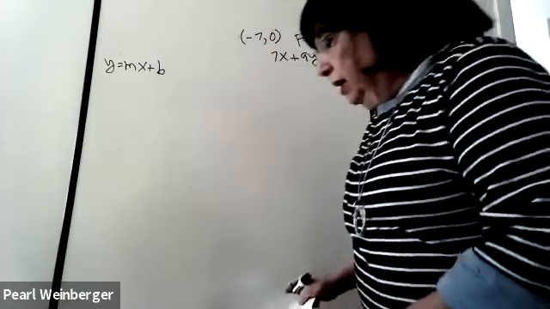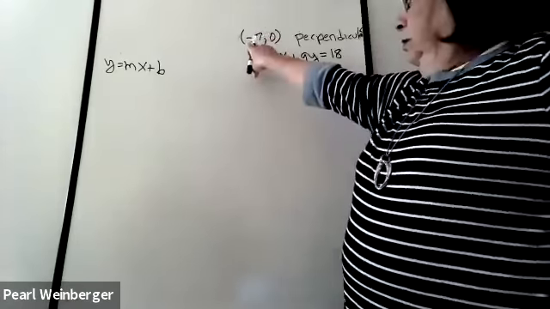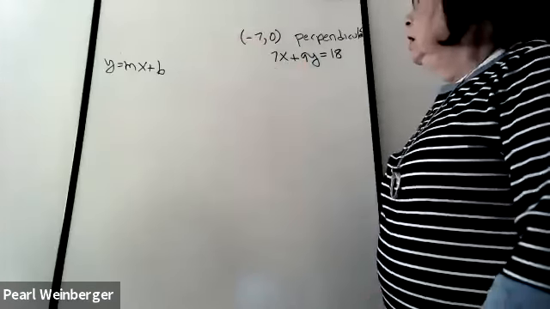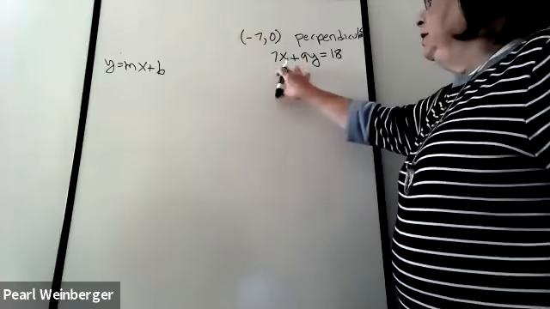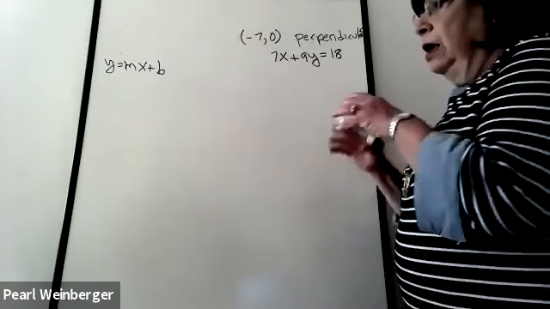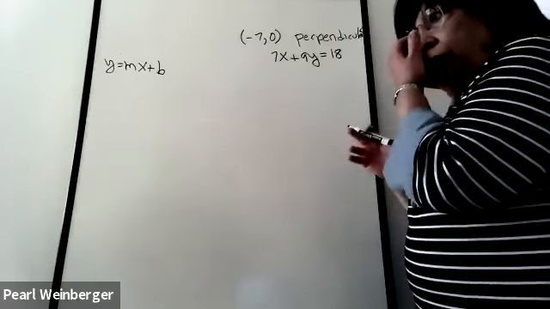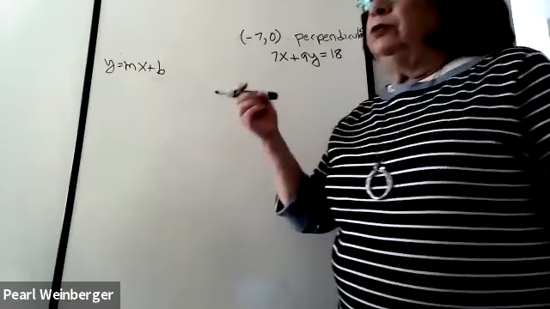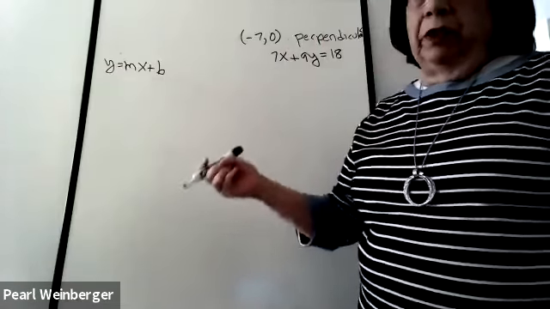And we want to write the line that will pass through the point -7, 0 and be perpendicular to this line. And remember, when I want to write the equation of the line, the first thing I concentrate on is what is the slope of the line.